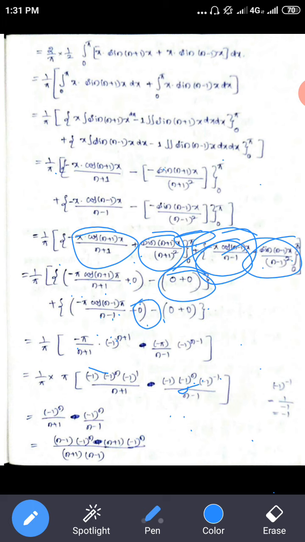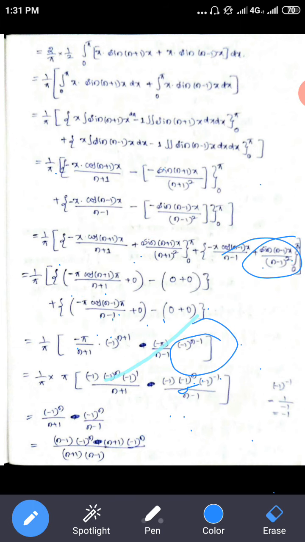We know that cos(n pi) can be written as (-1) raised to n. Cos of (n+1) pi can be written as (-1) raised to n+1. So similarly, cos of (n-1) pi is (-1) raised to n-1. So therefore, minus pi, this everything is completed.